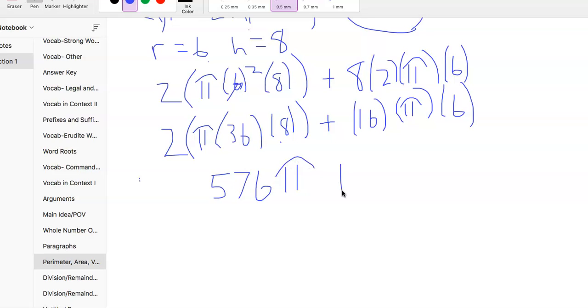And that ends up being 576 pi. And this one, 16 pi times 6. 16 times 6 is 96. That's 96 pi.